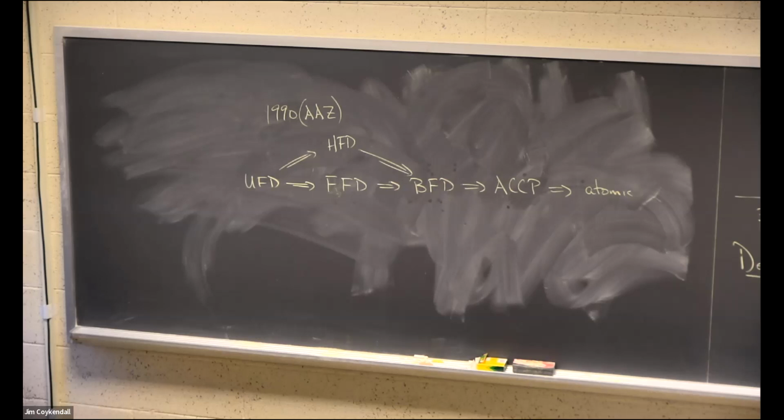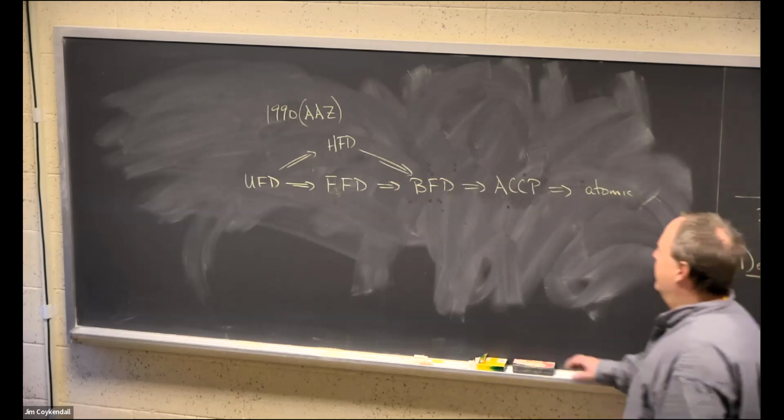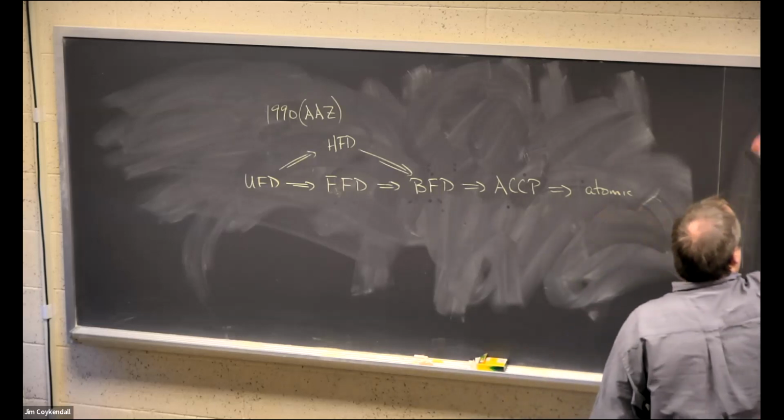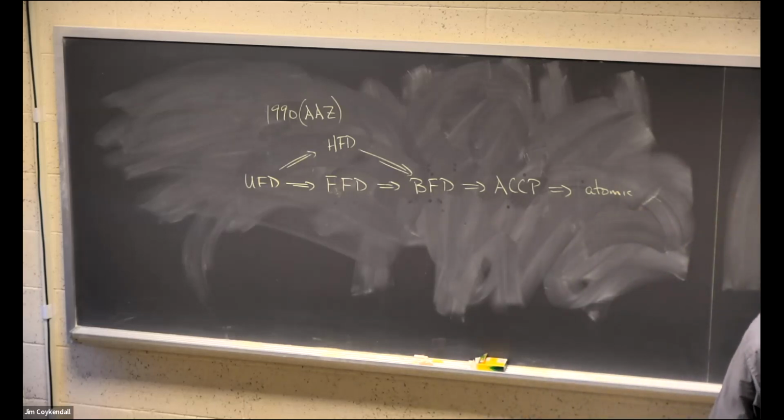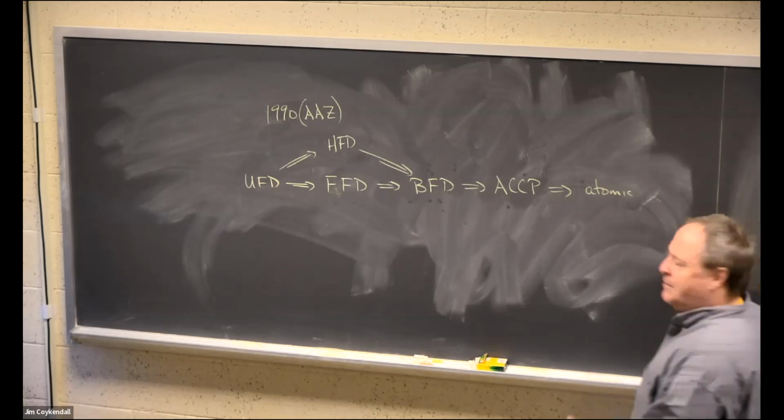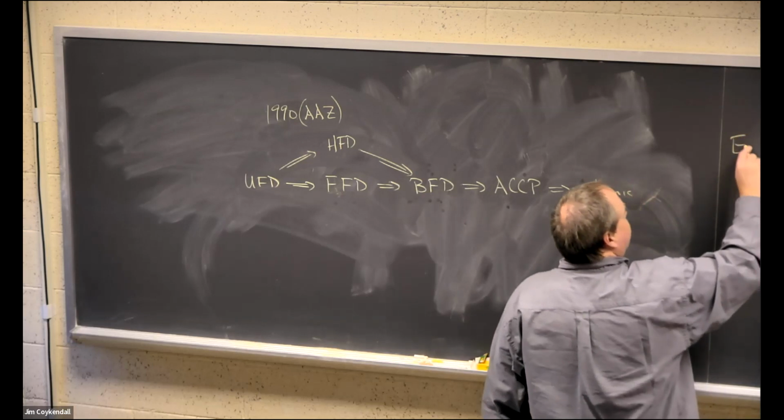The interesting part is actually showing that none of the arrows can be reversed, right? So there's kind of a wealth of examples in these papers, some of them already known, that show that these don't reverse in general. Let me just take some examples.